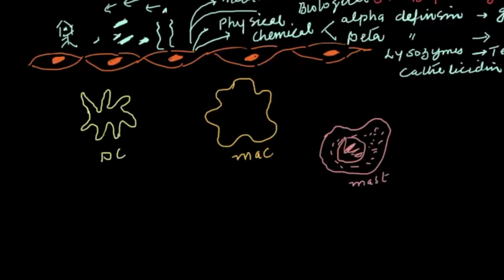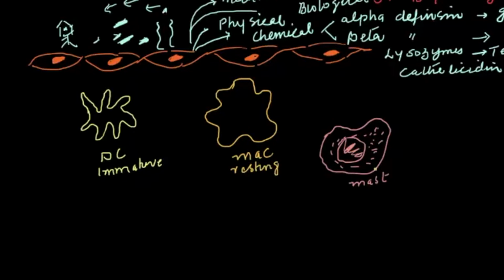First thing, the dendritic cell that is present in the tissues is called an immature dendritic cell, and I'll talk about why it is called immature and how it becomes mature. The macrophage that is present in the tissue is called a resting macrophage.